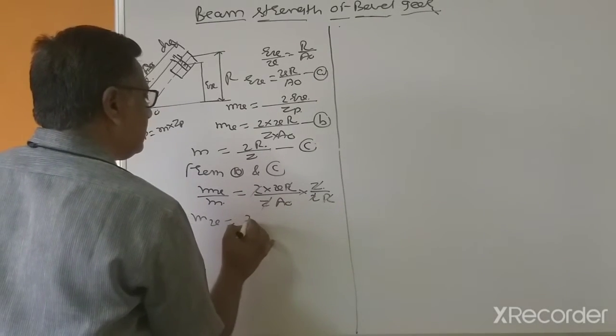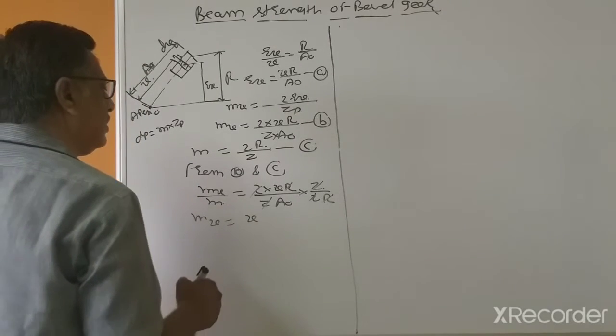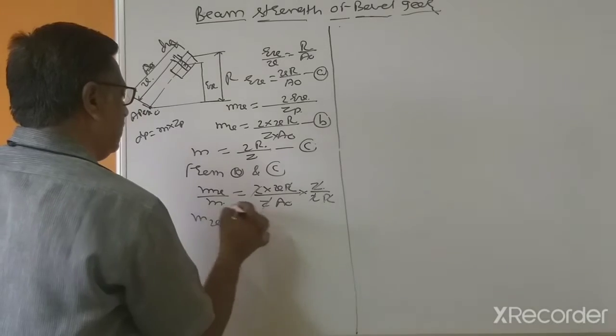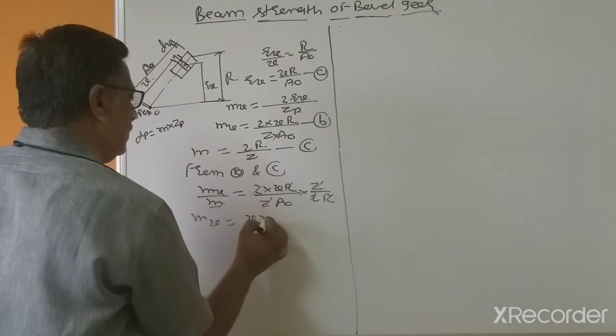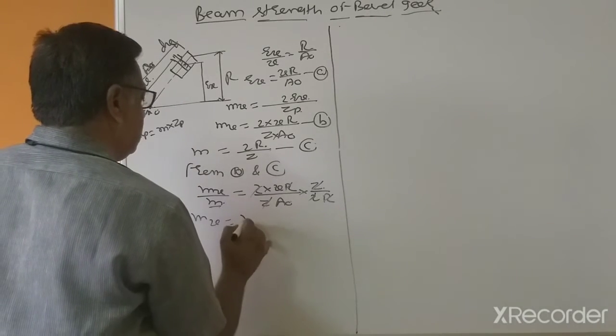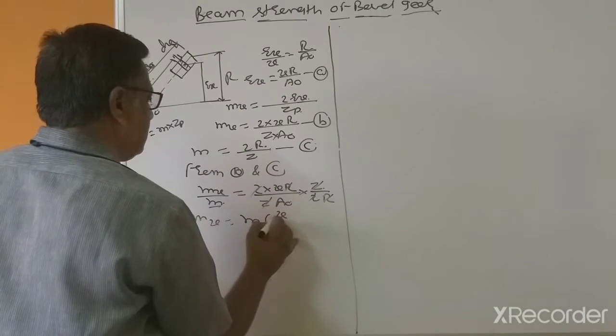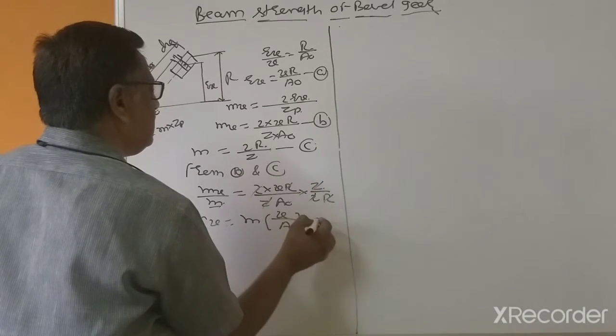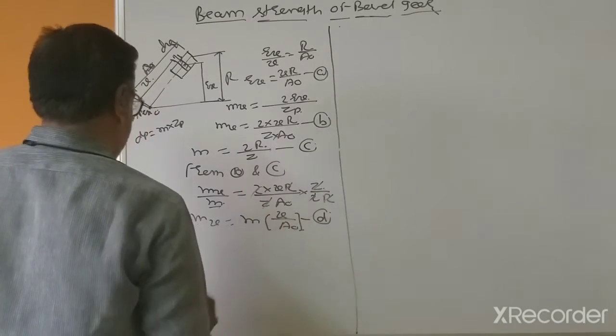So mx equals m times x divided by A0. Suppose this is equation D.